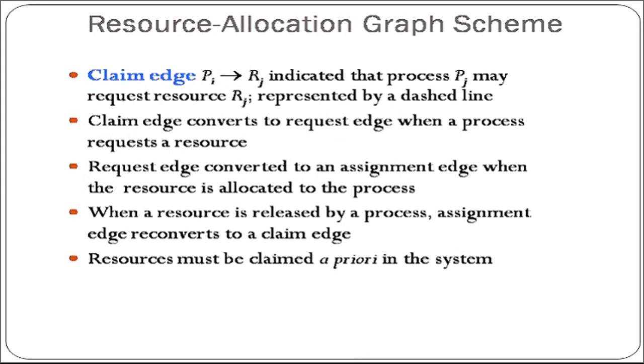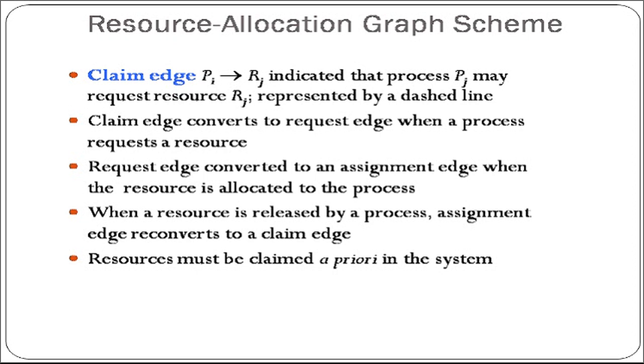In the resource allocation graph, there is an edge added called the claim edge from Pi to Rj, which indicates that the process Pi may request resource Rj, represented by a dashed line. It is similar to the request edge, but the difference is that the request edge is represented by a solid line and the claim edge is represented by a dashed line.